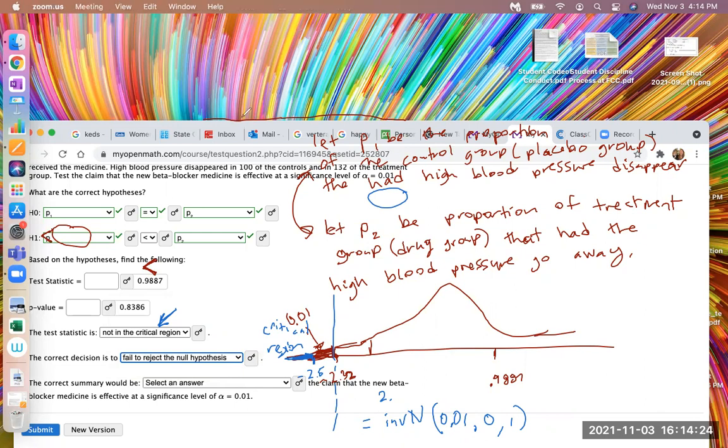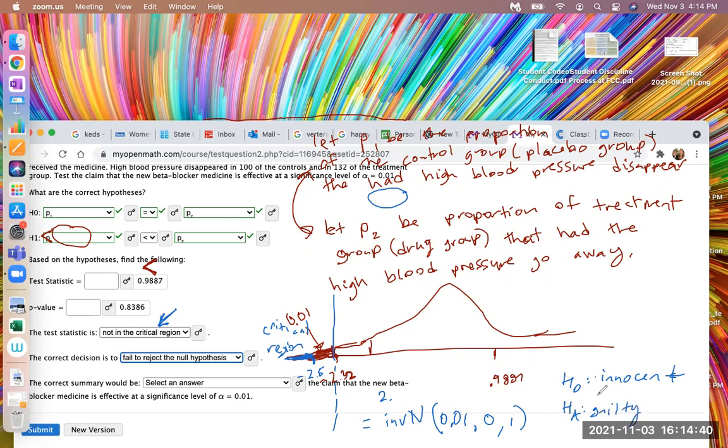So let me write that out. The null hypothesis in a court of law is innocence. Now, the alternative hypothesis is guilty.